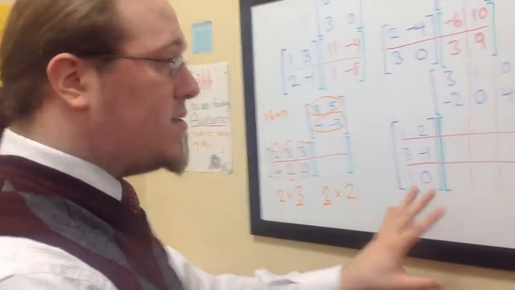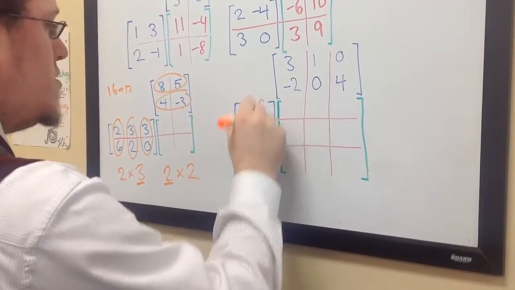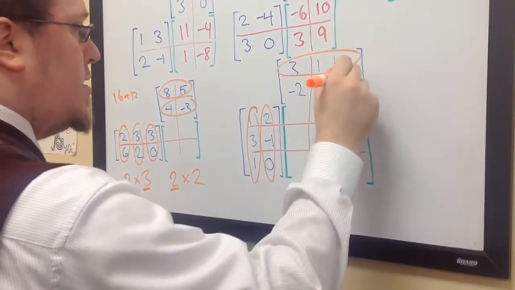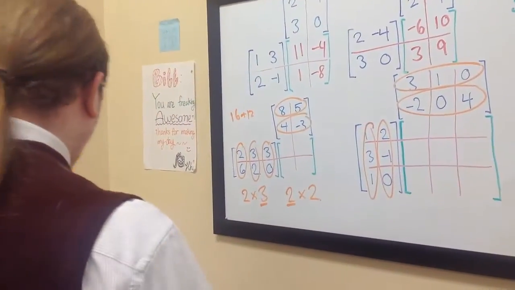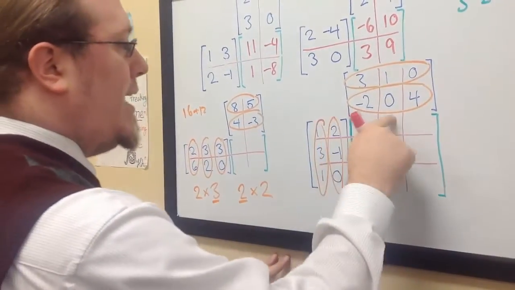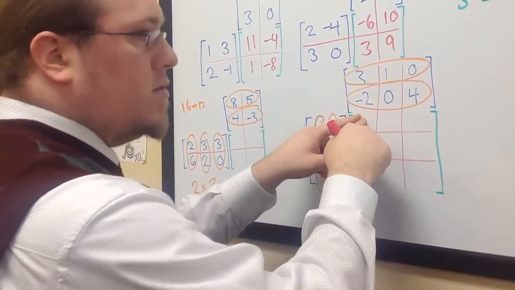Whereas something like this could be multiplied, because if you notice, you've got 2 columns on the first matrix, and 2 rows on the second one. And so, in order to multiply these, you would just take each one of these elements and do exactly what we were doing before. So I'll do a couple of these.